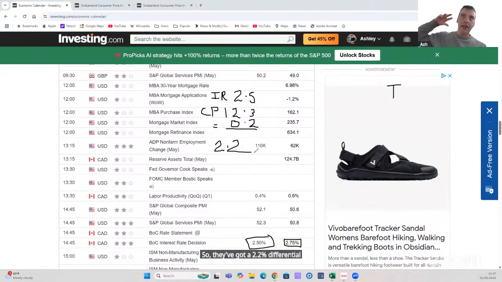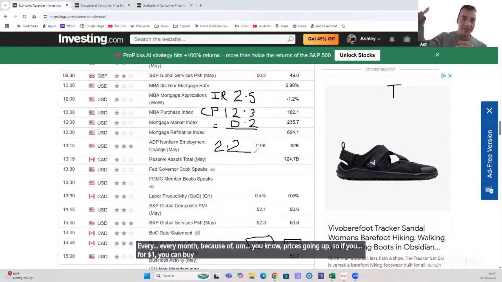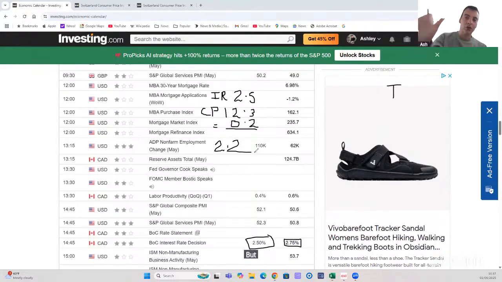So inflation will eat away the money you have every month because of prices going up. So for $1 you can buy 2% less, but if your dollar's in the bank, then you're actually slightly better off because of the interest rate differential.